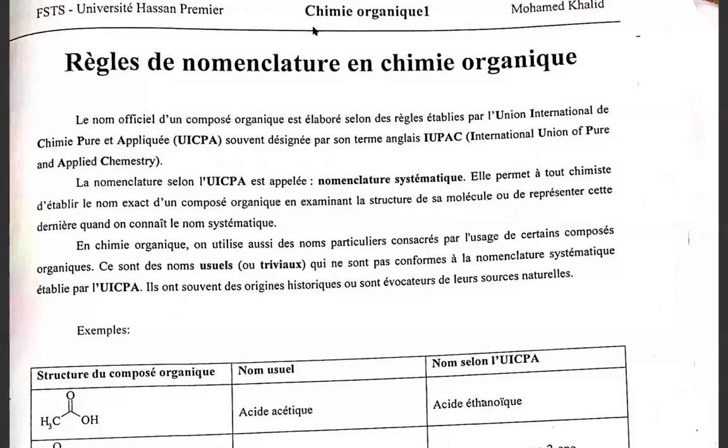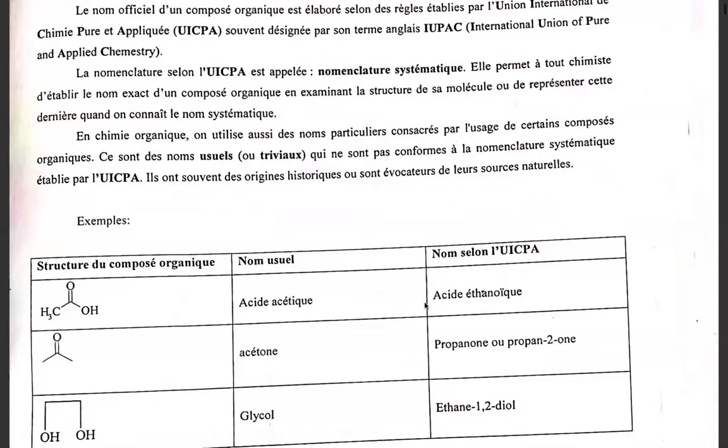The IUPAC gives these compounds a nom usuel and a nom IUPAC. The nom usuel is the normal name, like a nickname we give to certain compounds. Then according to IUPAC, we follow the number of carbon atoms that each has. There is a specific prefix for a specific number of carbon atoms that a compound has.